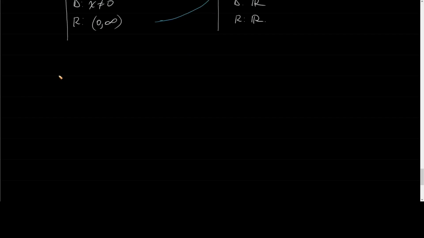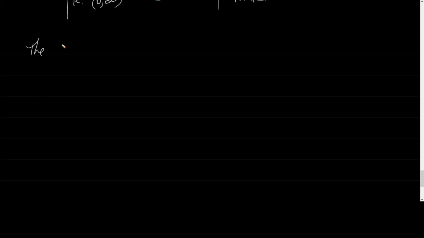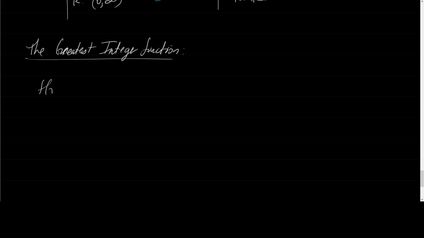Now, the last one that I'll talk about here is called the greatest integer function. And this is essentially what it looks like. Well, it's f of x is equal to this symbol.